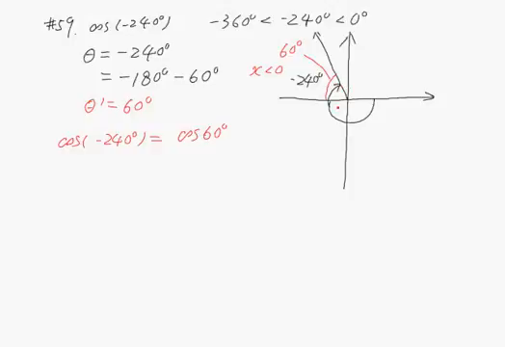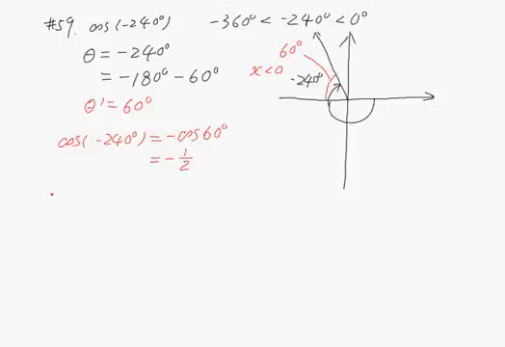And cosine is defined as the x coordinate of the point of intersection. So in this case, you just prefix a negative sign to the cosine of 60 degrees. What is the cosine of 60 degrees? 1/2, right? So this is equal to negative 1/2.